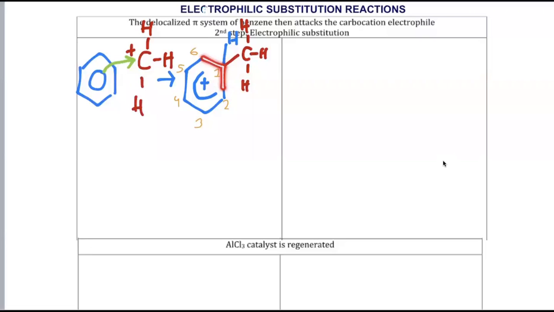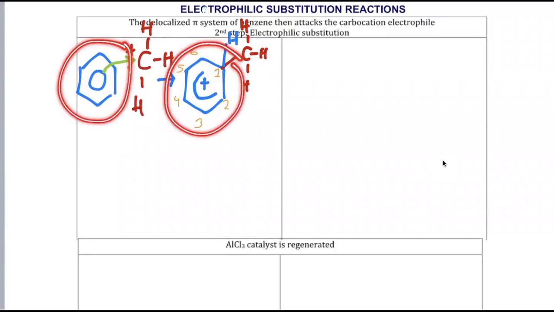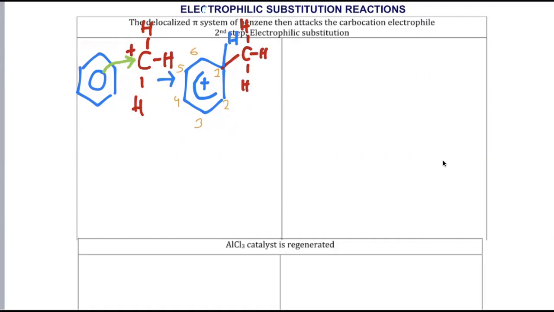Because if you look at carbon number 1, there are 4 electron regions or 4 bonds around it. So the shape is tetrahedral. Whilst benzene is a planar molecule, the intermediate is not planar because of that carbon number 1. I've already mentioned this earlier on, I think in the general mechanism, but I just want to re-emphasize that.